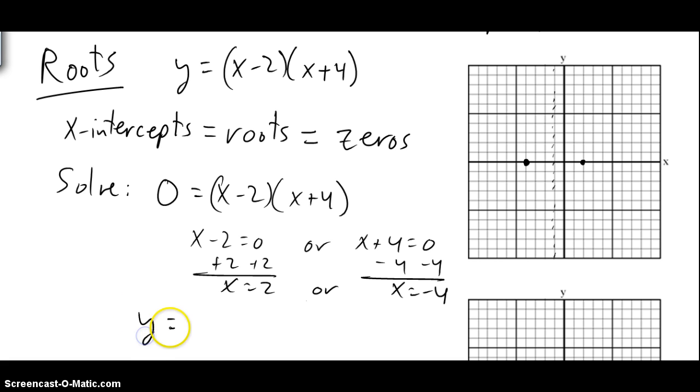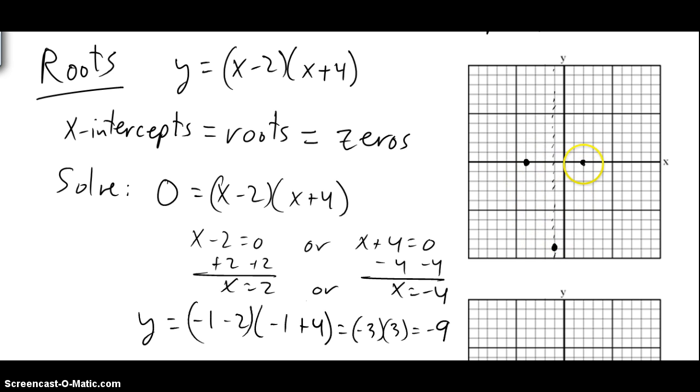All right? y equals (negative 1 minus 2) times (negative 1 plus 4). I'm just plugging in negative 1 for x here. So that's the same thing as negative 3 times 3, so that's the same thing as negative 9. All right? So that means it goes through negative 1, comma, negative 9, right there.